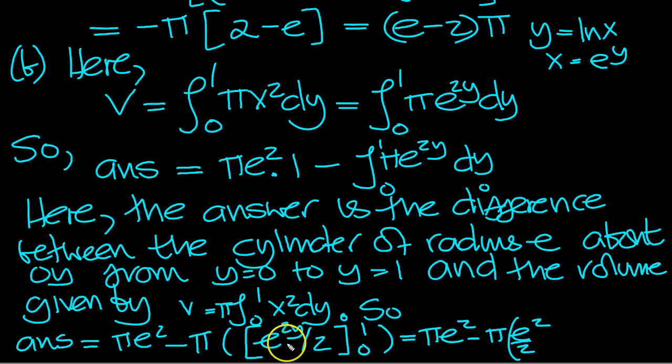That's the top value. Take away the bottom value, put 0 in, e to 0 is 1, so it's 1 over 2, minus a half. So we end up with pi. We've got e squared over 2 with a minus and e squared, so that'll be just an e squared over 2. And then we've got plus a half, haven't we? So there's our answer. Pi times e squared over 2 plus a half.